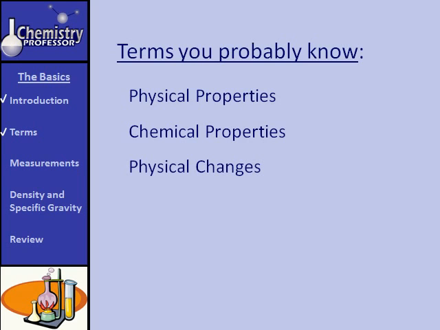And what are physical changes? Well, physical changes are very often considered to be changes of state, when something changes from a liquid to a gas by evaporation or by boiling, when something freezes, things of this type.